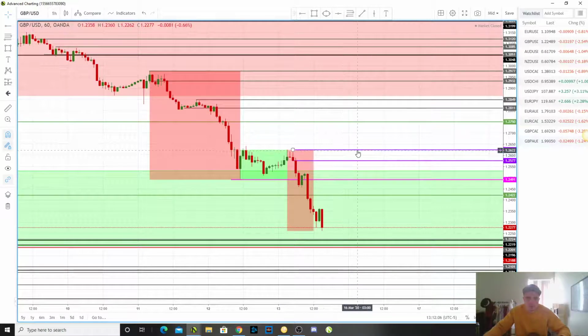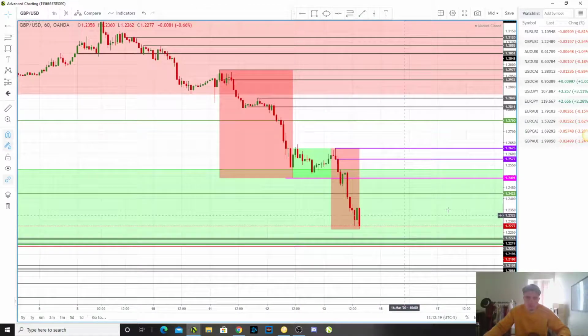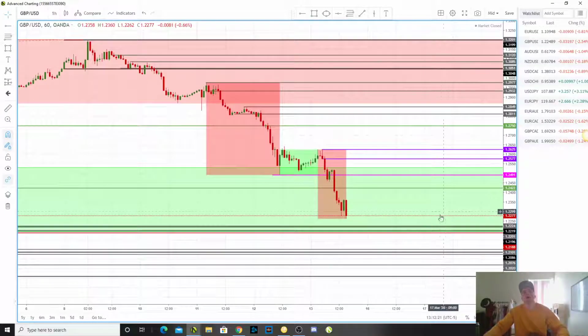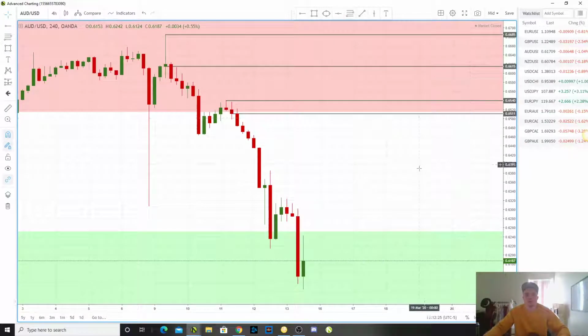And it looks like we've got some curve trades actually to look at. The reason that is because we're so close to this level, the 240 level we're taking for the curve entry. So I'm not going to take that. I'm going to check out the Aussie.